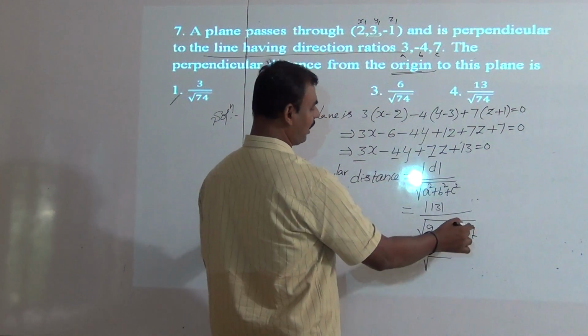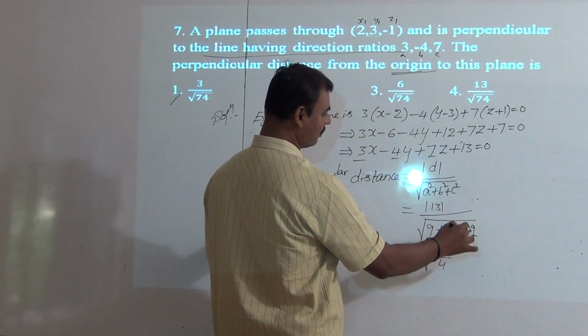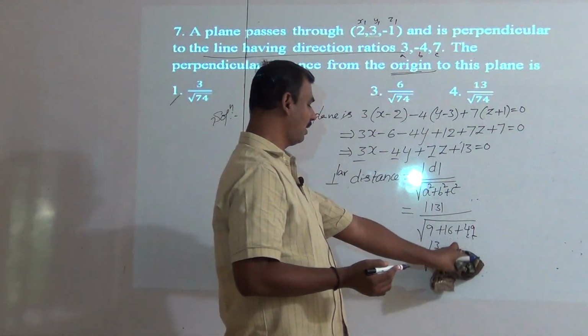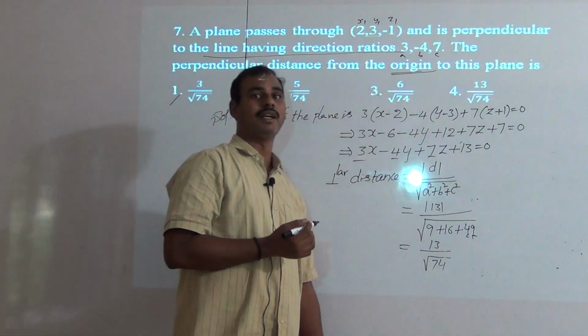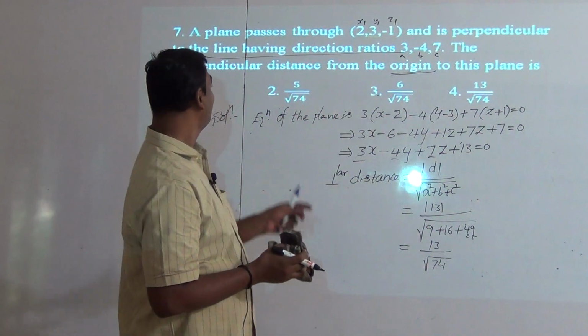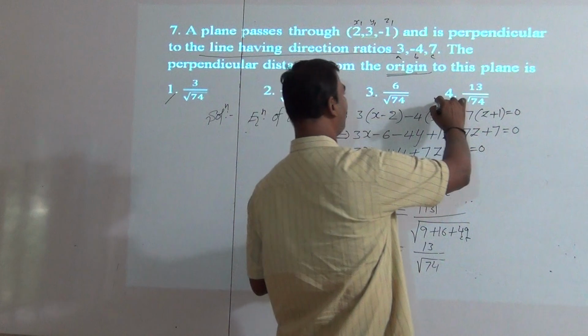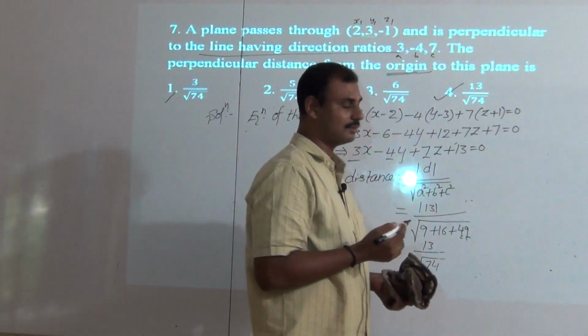Okay, so 9 and 4 is 74. So the answer is 13 by square root of 74. This is the answer. Option number 4 is the right answer.